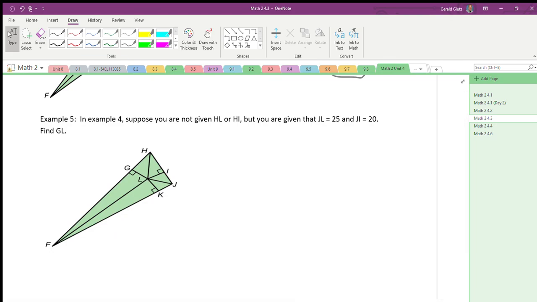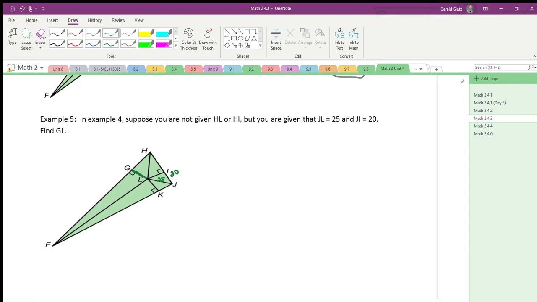Then example 5 says, suppose in example 4 you're not given HL or HI, but you're given that JL is 25 and JI is 20. So this time we're trying to find GL.